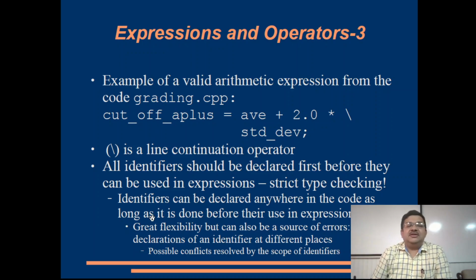right? So identifiers can be declared anywhere in the code as long as it is done before their use in the expression, right? So when the expression is being executed, it needs to know what type of data it is, because everything depends on the type of data.